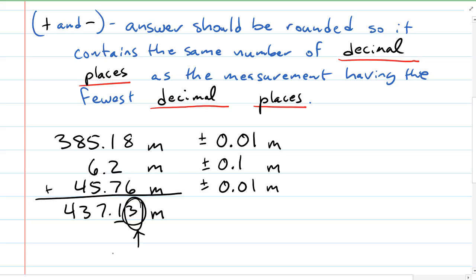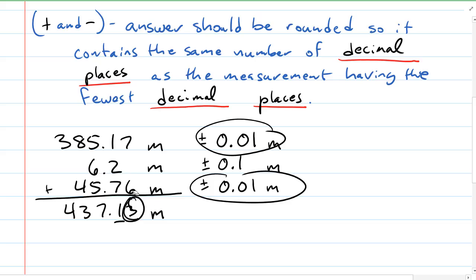It would have been the hundredths place. It would have been the last one. Okay, so we know already that the last one would have been affected both by this one as well as the bottom one, because again, changing this digit right here winds up changing this one down below. So we'll go ahead and put that back in there.